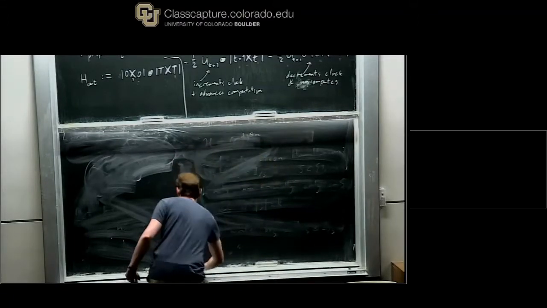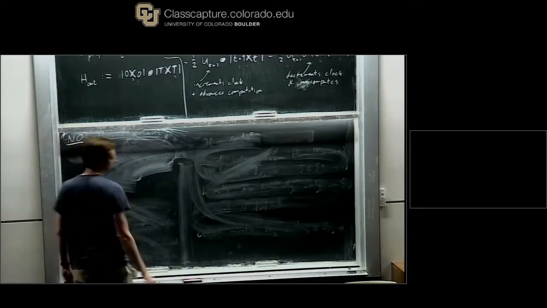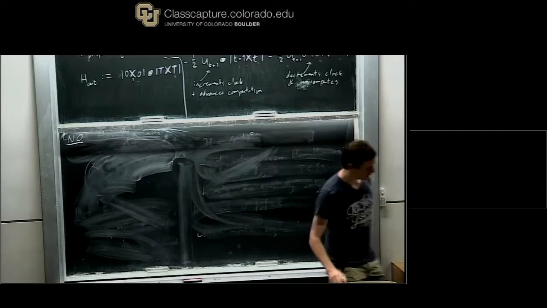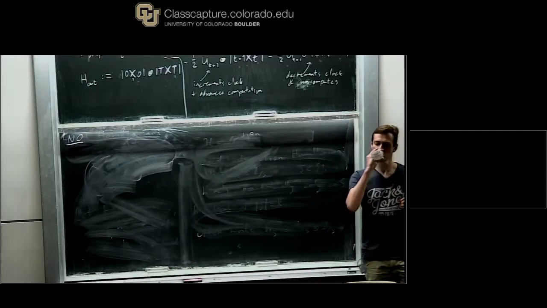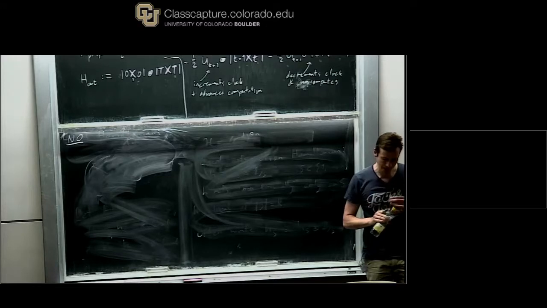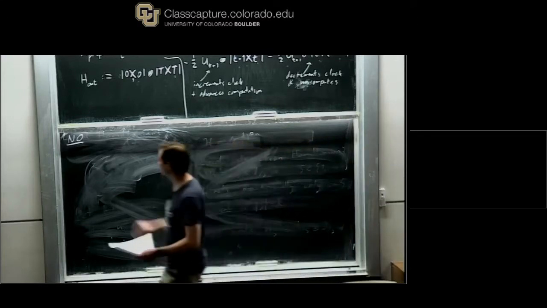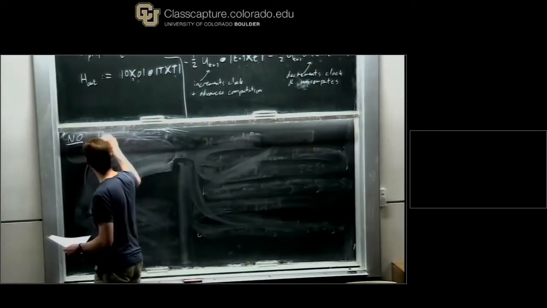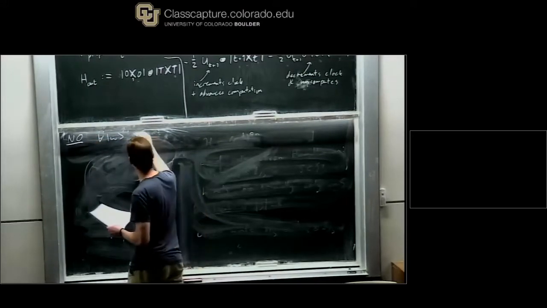Okay, so let's prove that now. If we're in a no instance, now we need to prove that we have a good lower bound on the ground state energy. So what does the fact that we're in a no instance tell us? It tells us that for any witness, the circuit will reject it with high probability.